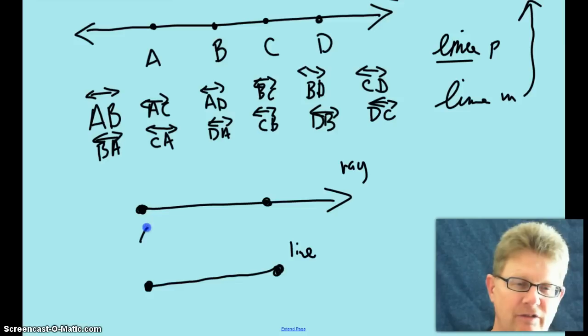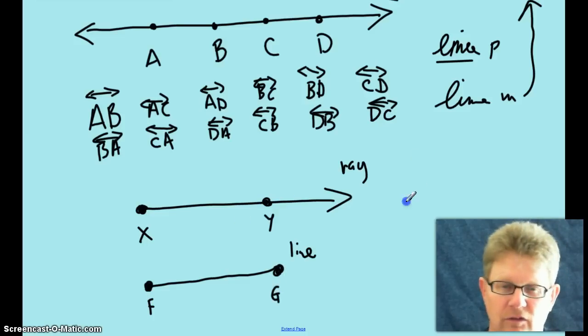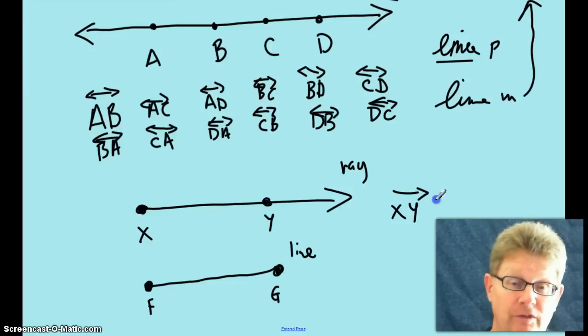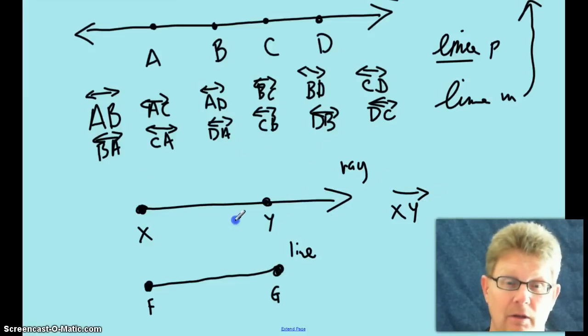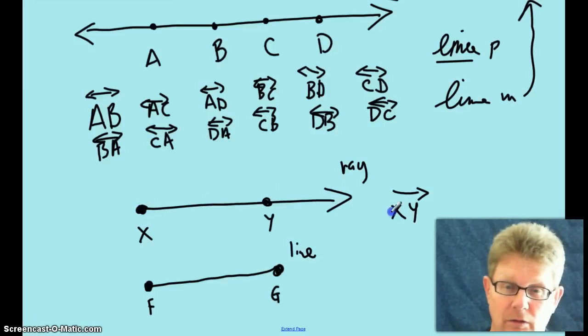And we need letters to name it. We'll go X, Y here and F, G. This is ray XY, bar with an arrow pointing to the right. Always. The arrow always points to the right. It has nothing to do with this diagram here. It has everything to do with that endpoint first.